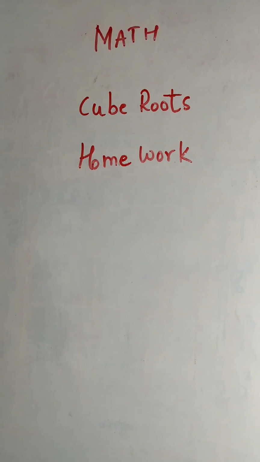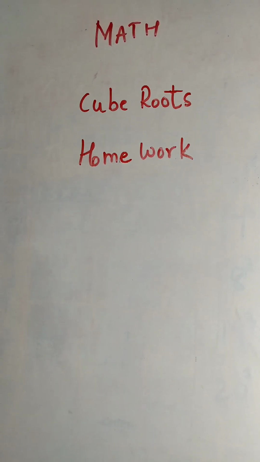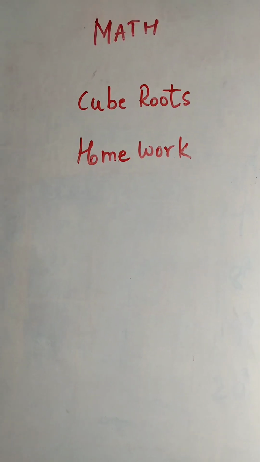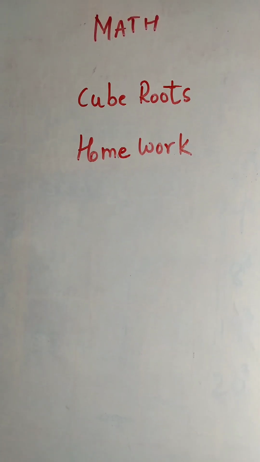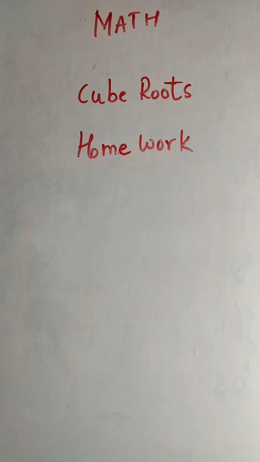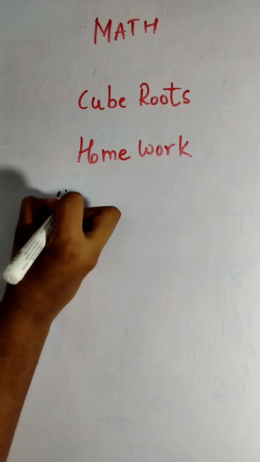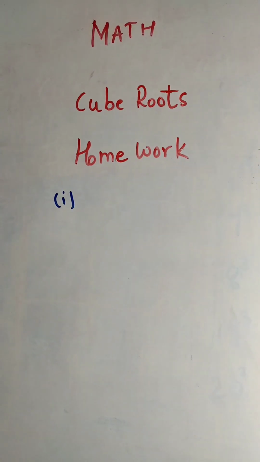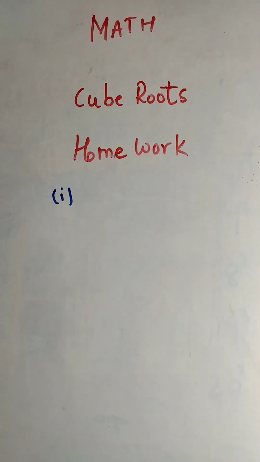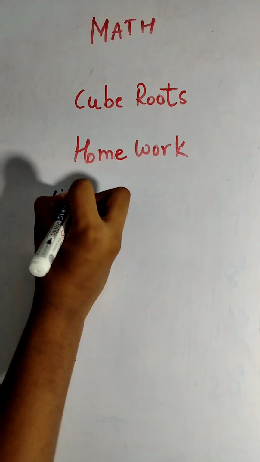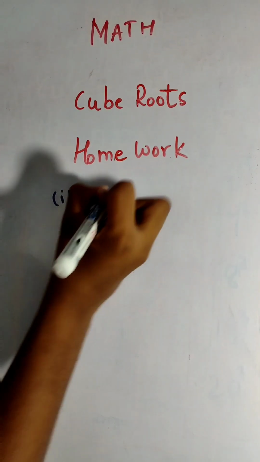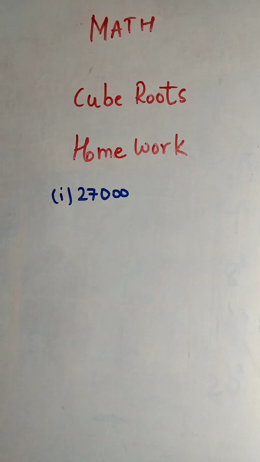Okay, now time for the homework. For today's homework, first we'll go over what we've learned and we'll go in order. So first we learned about the prime factorization method of finding cube roots. The first homework I have for you is to find the cube root of the number 27,000.